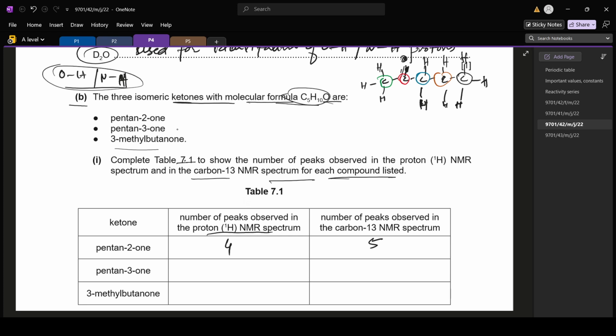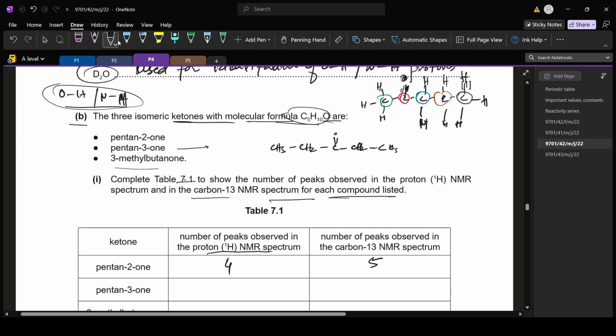Now let's move to pentan-3-one. If I draw CH3, CH2, C double bond O, CH2 and CH3, this is your pentan-3-one.